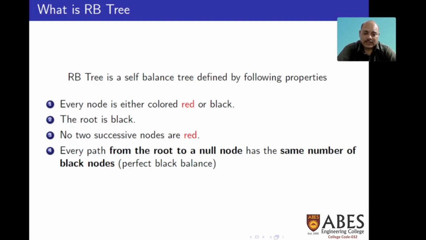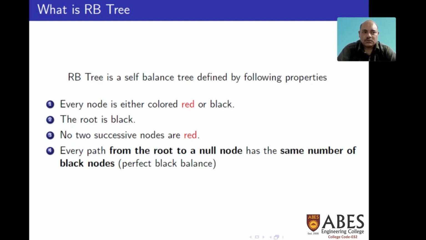That means for any given balanced red black tree, from an internal node, if we traverse through its distinct null nodes, that means leaf nodes, then in all the paths the number of black nodes should be equal. So these are the properties, and while inserting certain values, if any of the properties is violated, we will try to fix it.